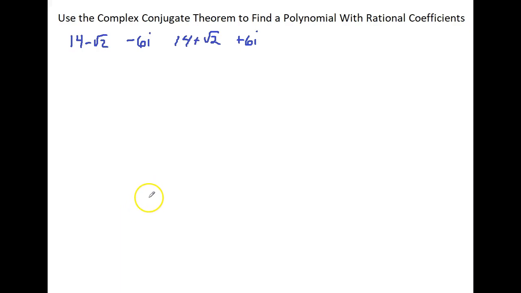Now, that much stops with numbers 18 to 21. What we're going to do now is going to be like 22 through 29. We are actually going to use these to find the polynomial.